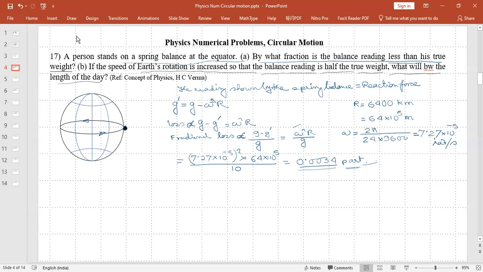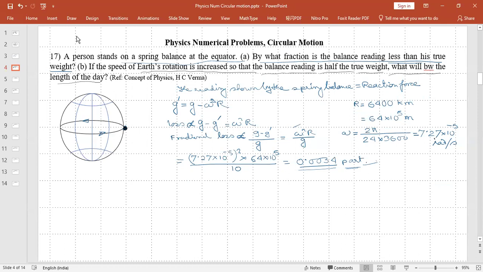That means if the fractional weight loss is half, suppose your weight is 60 kg and the spring balance shows only 30 kg, then definitely the earth has to rotate very, very fast, and our day will not be 24 hours anymore. It will be much less. So the paper setter wants you to find out what will be the length of that day.